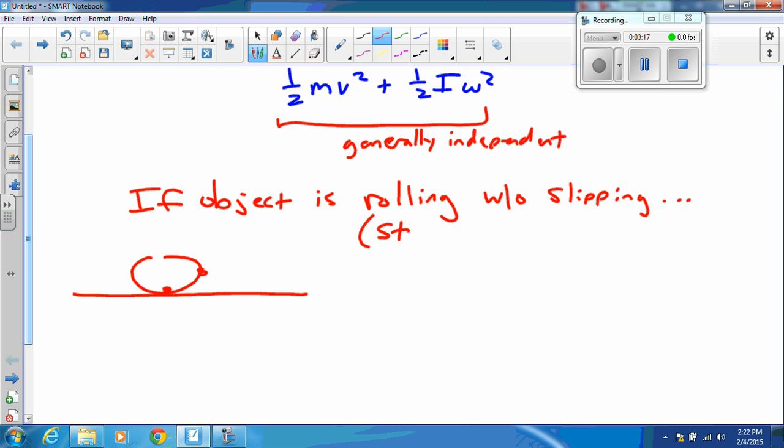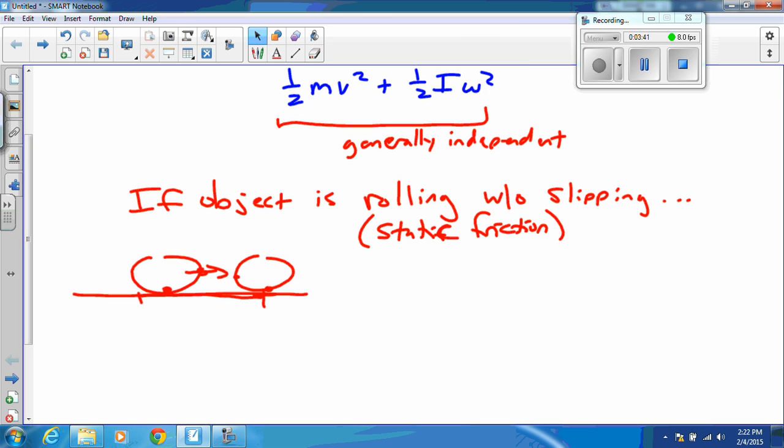And likewise, as this object rolls along, the distance that it travels like so has to be equal to the distance traveled around.